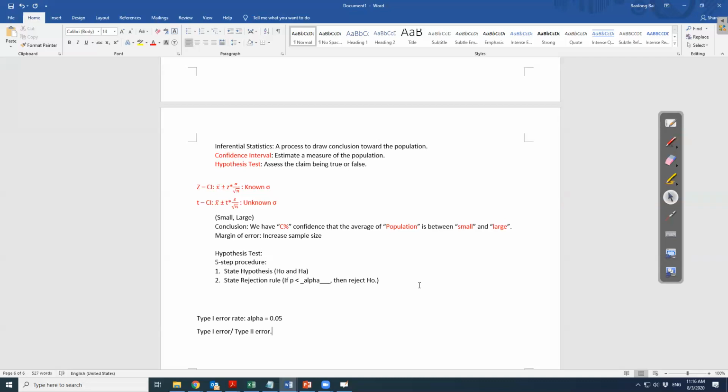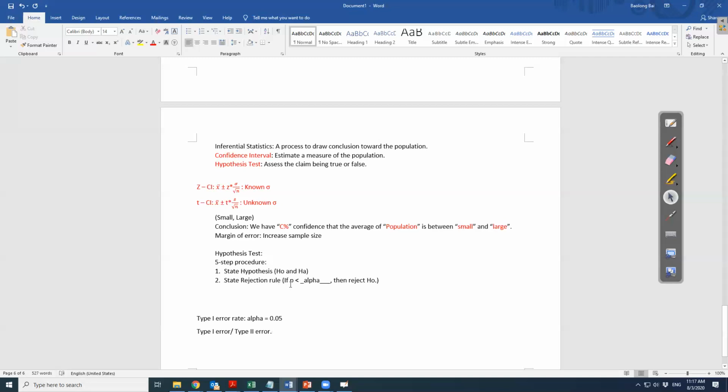If you control the type 1 error rate to be 5% and you reject the null at the same time, then that means you have a 5% chance to commit an error, but at the same time, you have a 95% chance to be correct. So we can maintain an advantage of being correct over committing errors. We have a higher chance to be correct when you go through the hypothesis test problem instead of just a random guess, right?